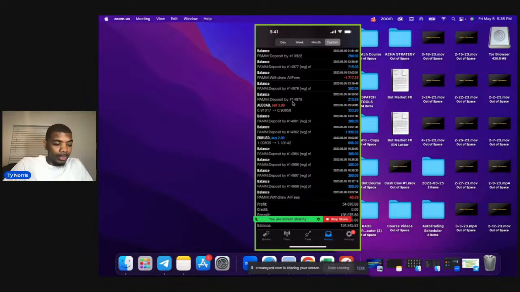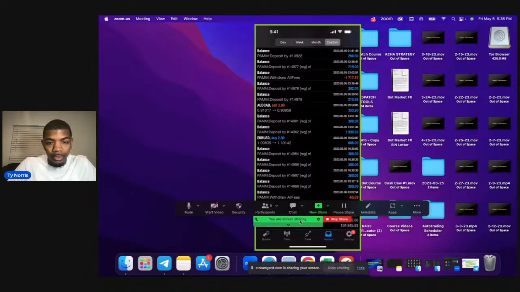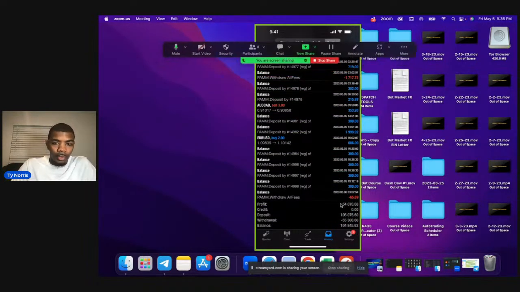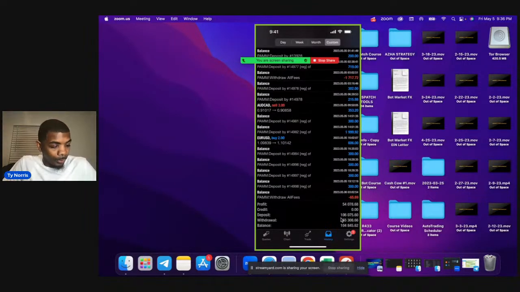So the proof's right there. This PAMM account balance, as you can see, had total deposits of 106,000. We withdrew 55,000 total, and we had $54,000 in profit, all from using this indicator. So it's no secret, it's no bluff. This indicator does work. I'm showing you live accounts.